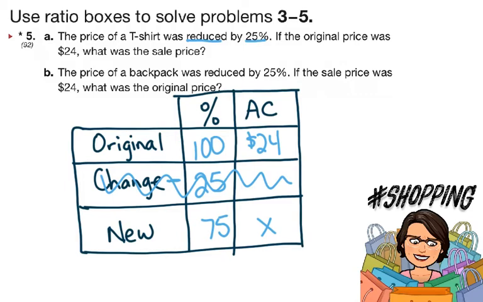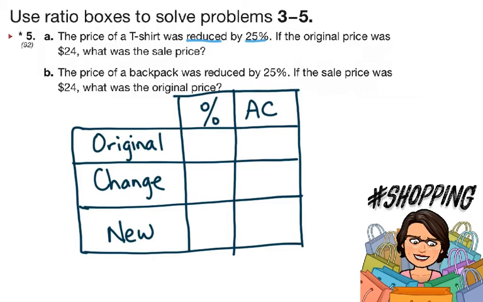All right, let's look at B. The price of a backpack was reduced by 25%. If the sale price was $24. Okay, so they want you to make a new ratio box. So we have to clear out this ratio box, and we need a new one. So this time it's a backpack that's being sold, and it's reduced by 25%. So same thing, we're reducing it by 25%.